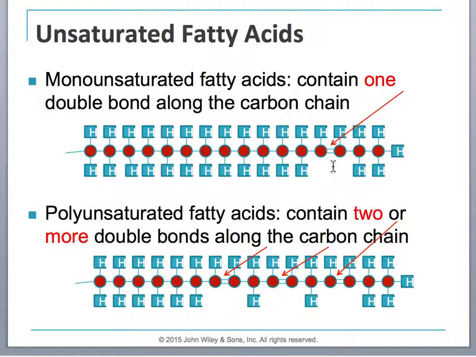Then we have polyunsaturated fatty acids, and poly, that prefix, means many. So polyunsaturated fatty acids are going to contain two or more double bonds along the carbon chain. Now in this example we have three, one right here, and one right here. So this example on the bottom would be a polyunsaturated fatty acid.